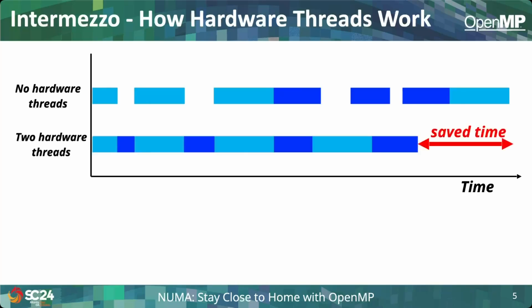If you would have two hardware threads, what you can do is use that gap to execute another application. You still need to wait, but why just burn energy in an idle loop instead of running something useful? And that's exactly what hardware threads do. And here in this example of two hardware threads, I can sort of interleave the execution of those two processes or threads. In that way I can save time and I can save energy. That's the purpose of hardware threads.